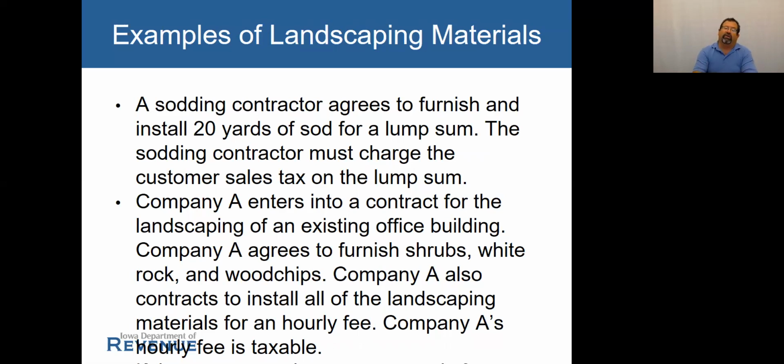Company A agrees to furnish the shrubs, white rock, and wood chips. Company A also contracts to install all of the landscaping materials for an hourly fee. In this particular case, Company A's hourly fee is taxable. Now, if the contractor charges separately for a service that is not taxable, the charge is excluded from tax because it was separately contracted for.